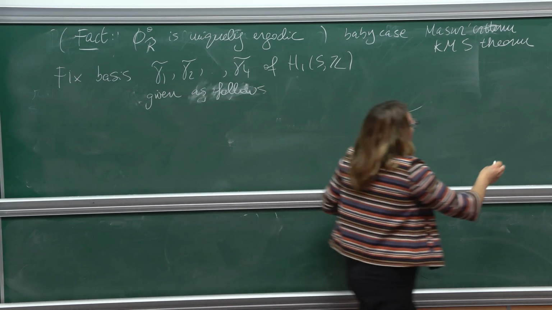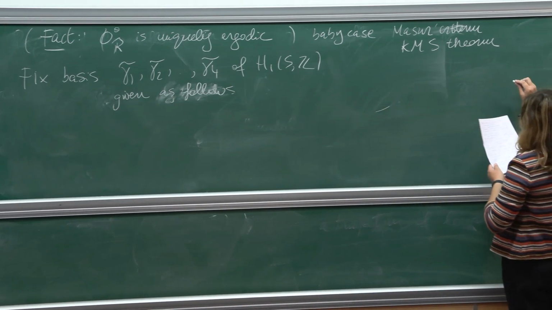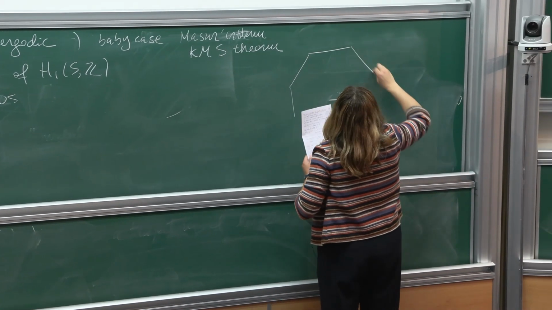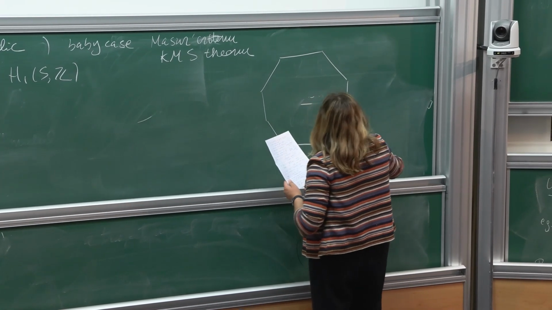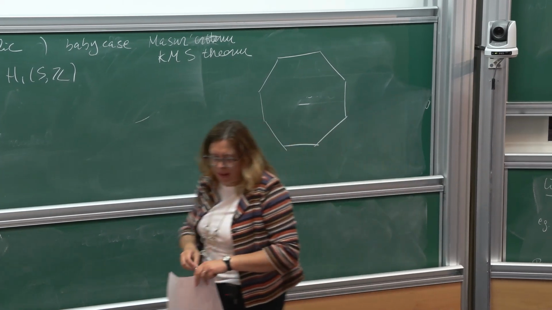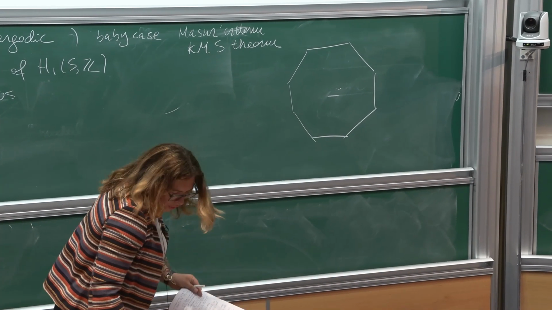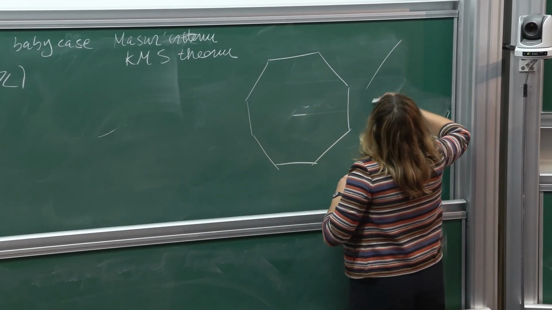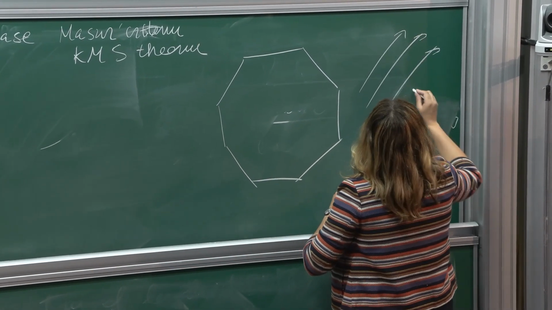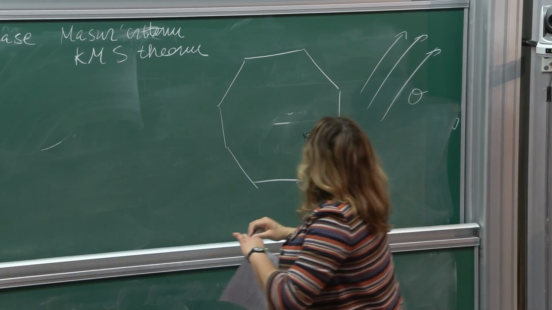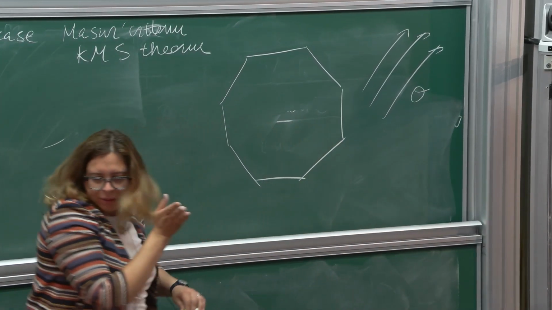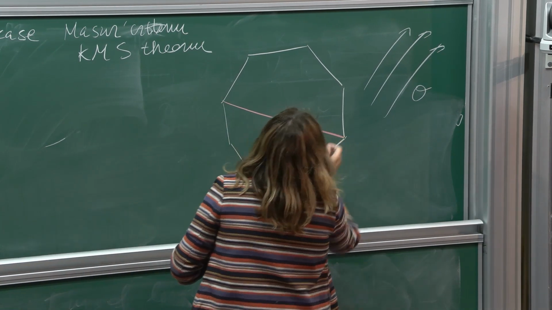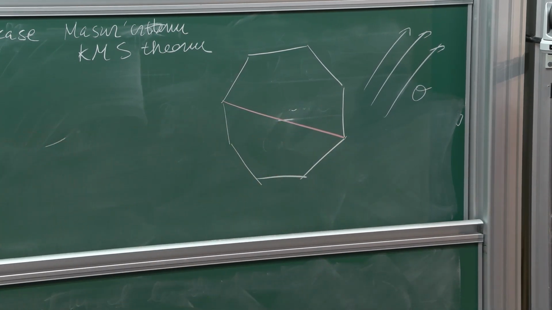I'm taking my octagon, and I will draw it. My flow is in some direction here. So this is the flow direction that I'm studying. Let me take some transversal direction, some diagonal which is transverse to my flow.